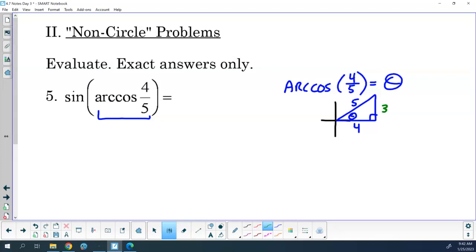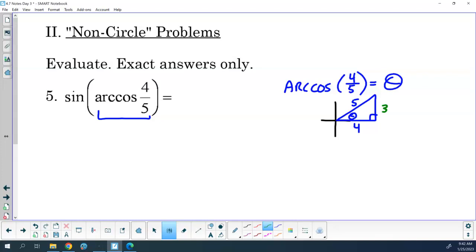So if I say that the arc cosine of 4/5 is theta, because regular functions give me values, inverse functions give me angles.